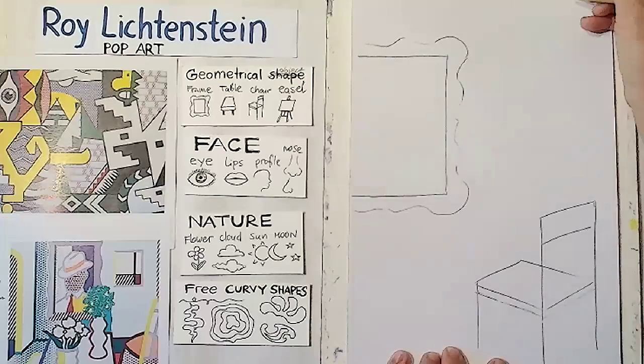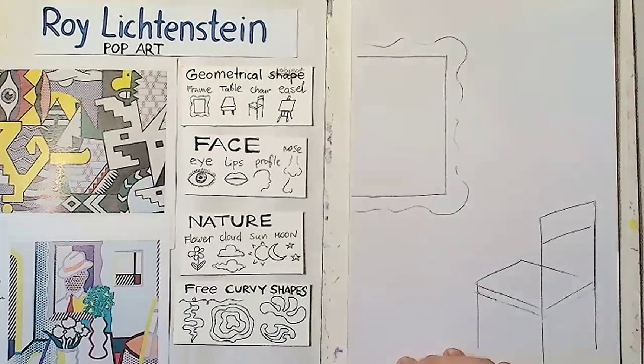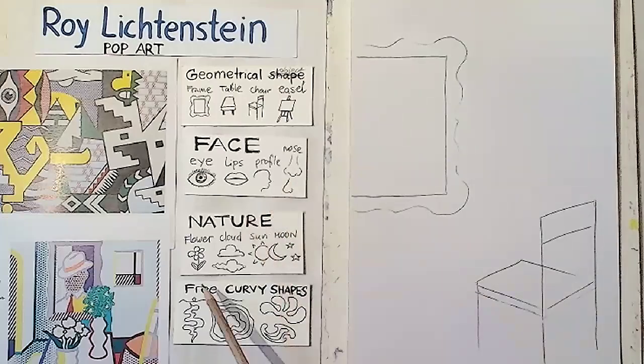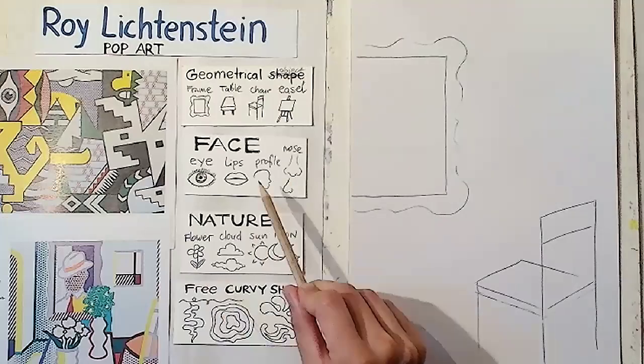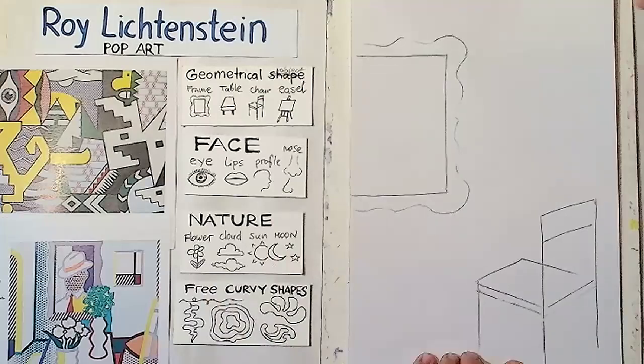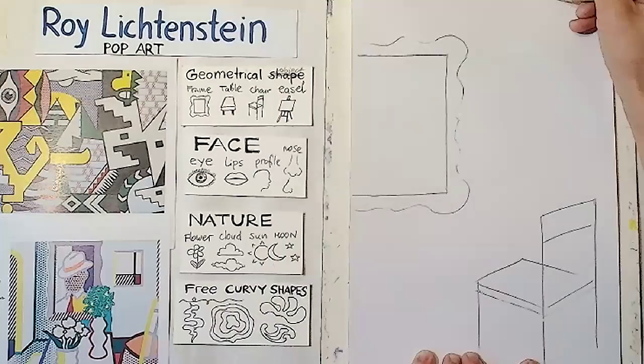Yes, I'm going to add the clock, because I already know that we're doing some face or body elements, and we're also going to have some nature parts. So I'm going to connect the clock with the moon when we get to that.